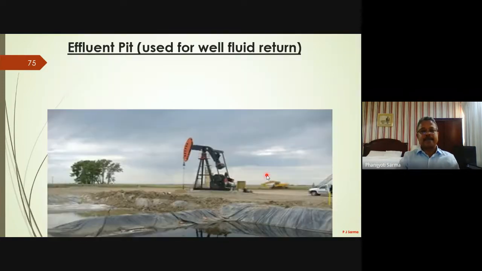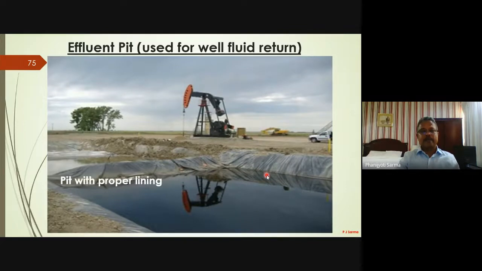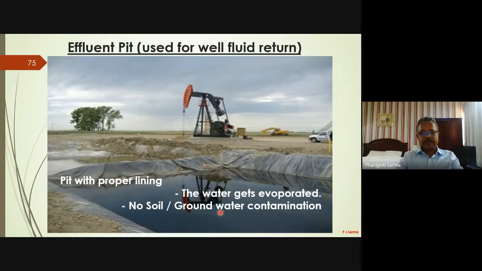So, what is the right way? The right way is for the pit to be constructed with lining. So these are the liners. You put all the returns in the pit so that the soil is not getting contaminated. The water gets evaporated.